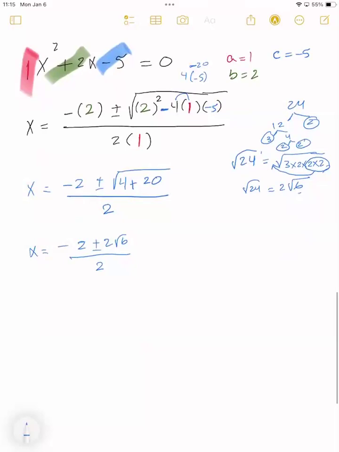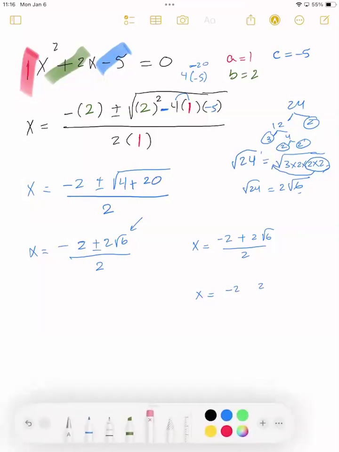And again, if you want to find the estimation, put the square root of 6 in your calculator and simplify these inside your calculator.